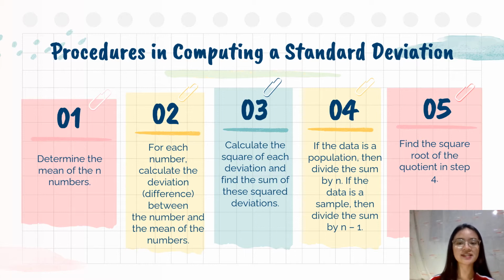Fourth procedure is, if the data is population, then divide the sum by n. If the data is a sample, then divide the sum by n minus 1. The fifth or the last procedure is find the square root of the quotient in step 4.